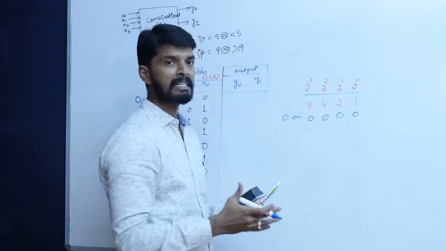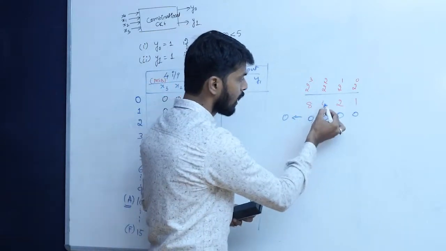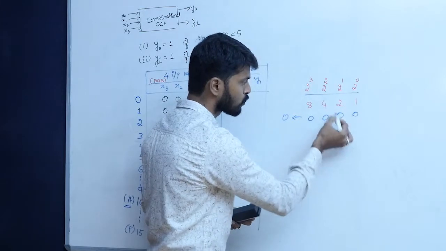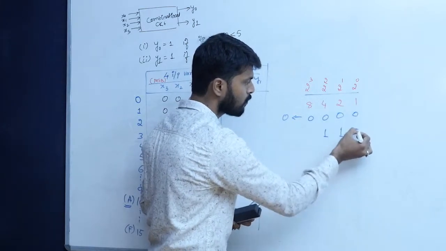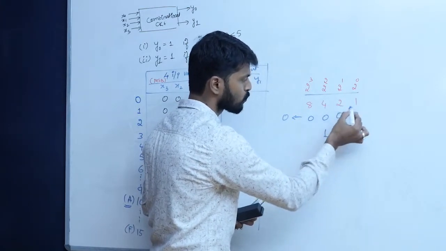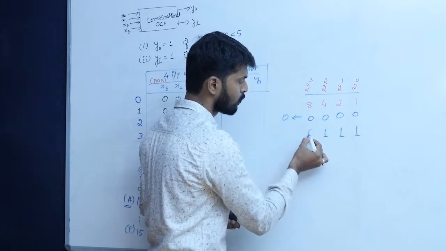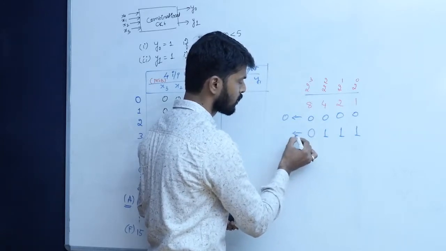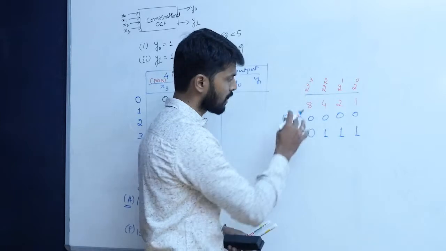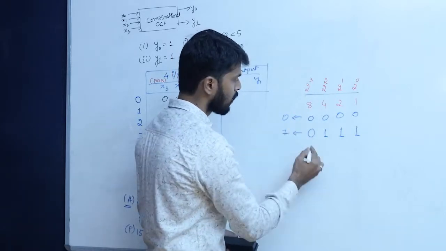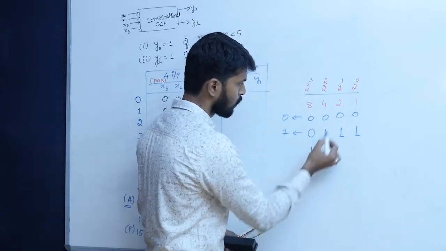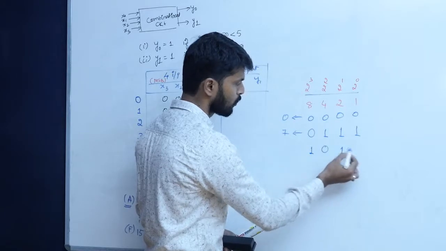Now if I want to represent 7, I need 4 plus 2 plus 1, which is 7, and the 8 position I don't want, so I make it 0. Then its equivalent is 7. Similarly, if I want 10, I make the 8 position 1 and the 2 position 1, and the remaining 2 are 0.